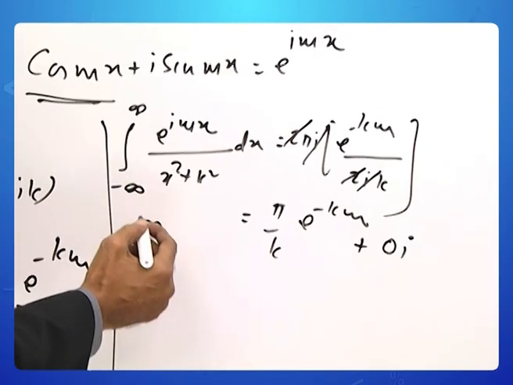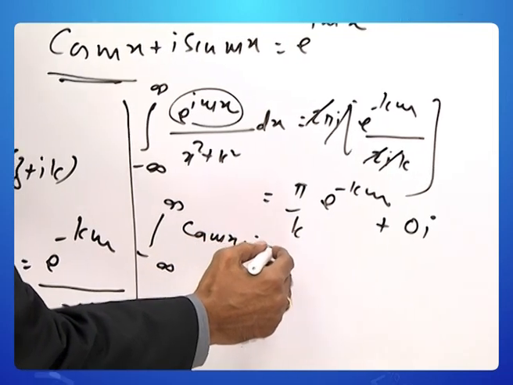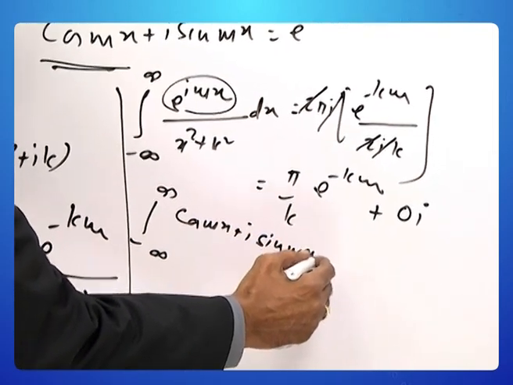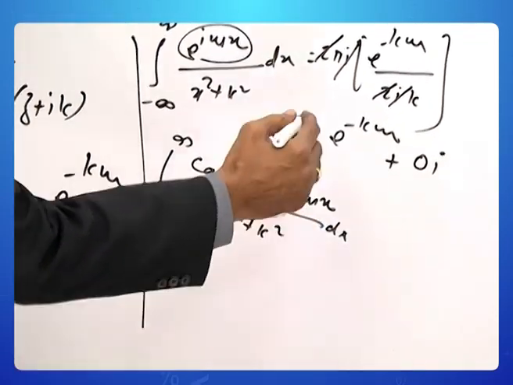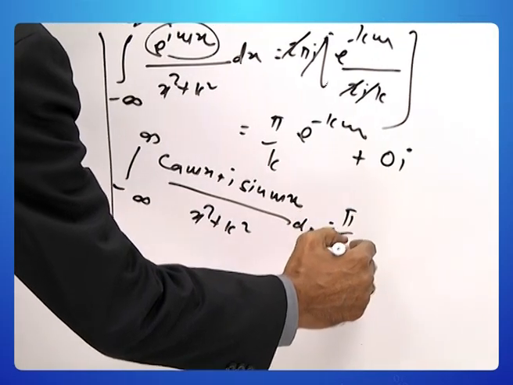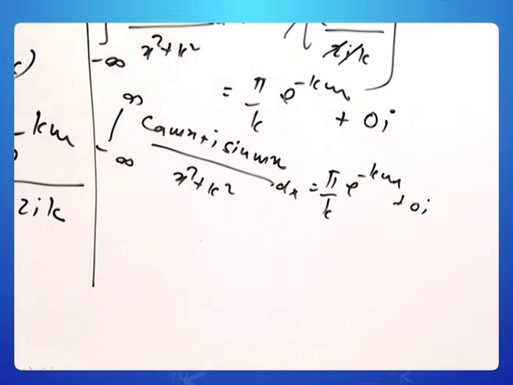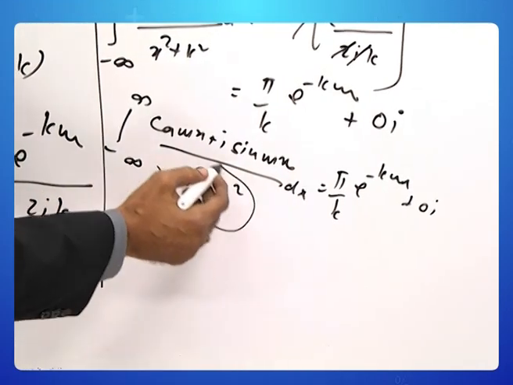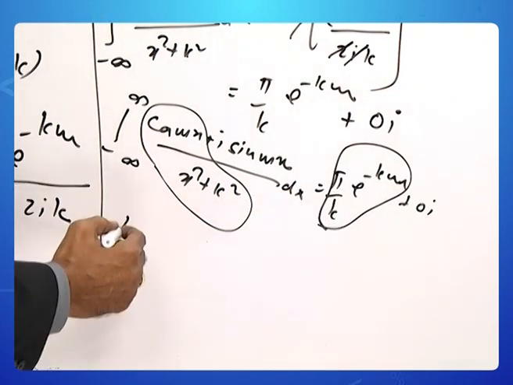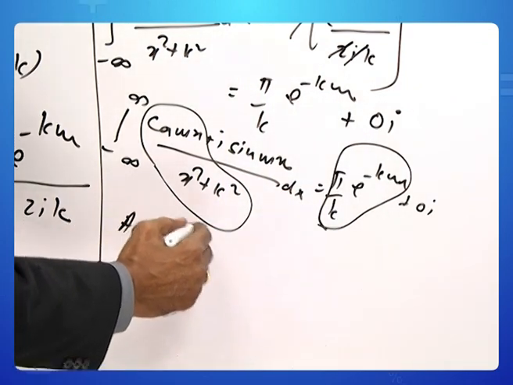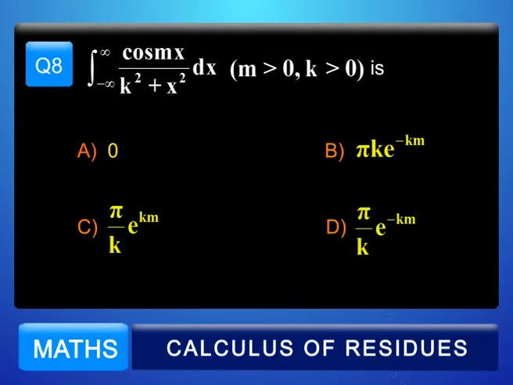So, the integral from minus infinity to infinity, expanding e power i mx, you will get (cos mx plus i sin mx) by (x square plus k square) dx is equal to the right hand side, pi by k e power minus km plus 0i. Since we are interested in the cosine integral, the real part will be the answer. So, the answer will be pi by k e power minus km, which corresponds to the option D.